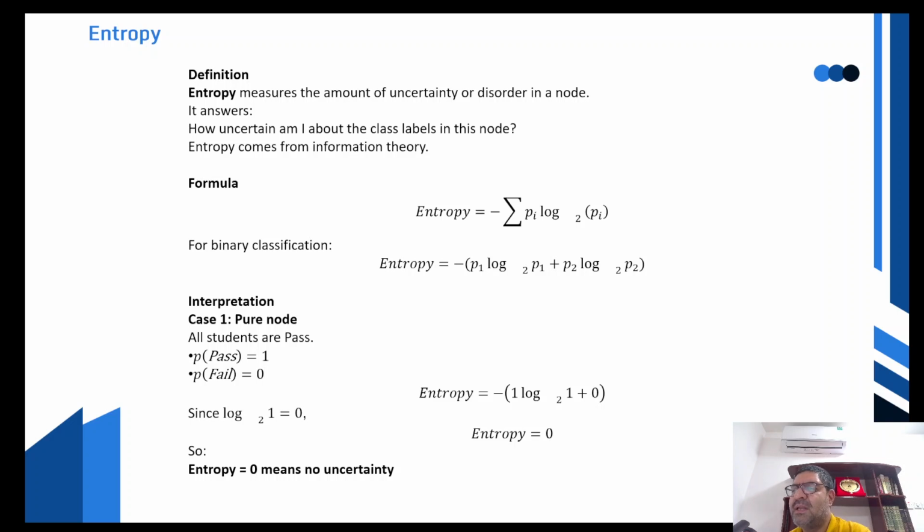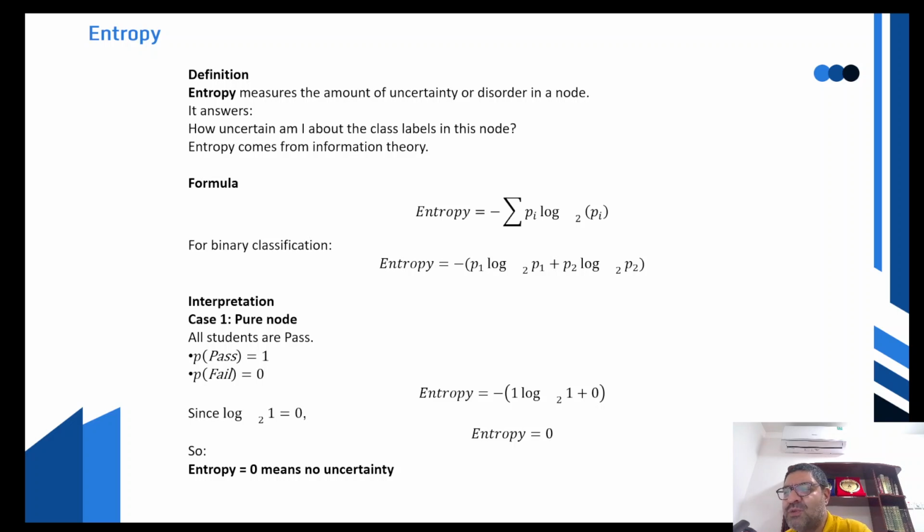For example, take the students: a student can be either pass or fail when we do the categorization. So entropy in that case would be equal to minus P1 log 2 P1 plus P2 log 2 P2, because these are the two cases.